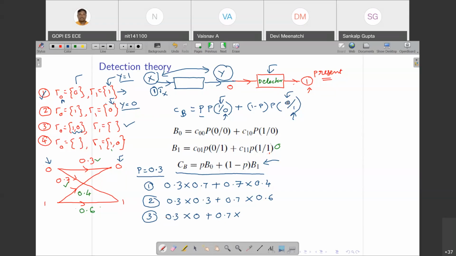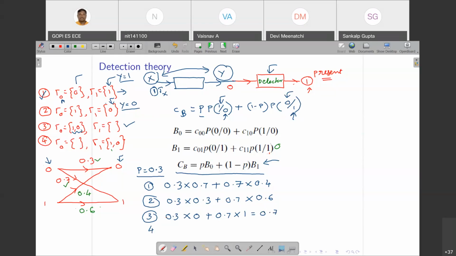So in that case, this probability is actually becoming 1. This is the probability of either getting 1 or 0 when 1 is transmitted, right? That is what we are looking for. So that is actually becoming 1, so this is going to be your 0.7. Of course, this other term is 0, right?